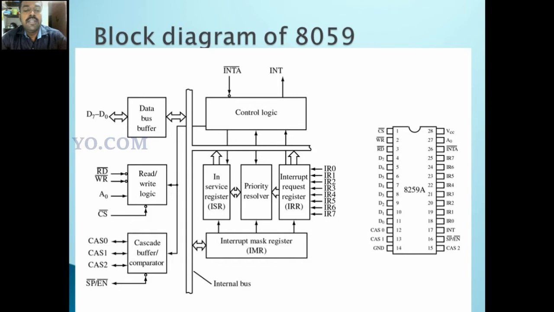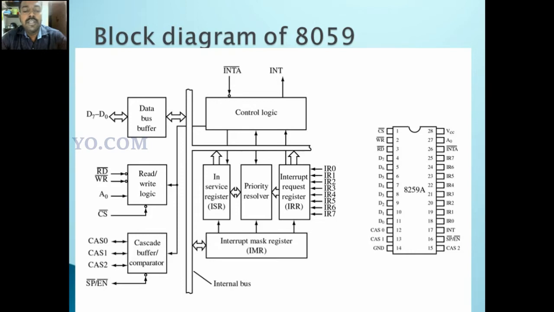Then it is given to the in service register. After resolving priority, the in service register stores the servicing interrupts. Then interrupt mask register is used to mask some interrupts. If you want to hide some interrupt, we enable those values in the interrupt mask register.